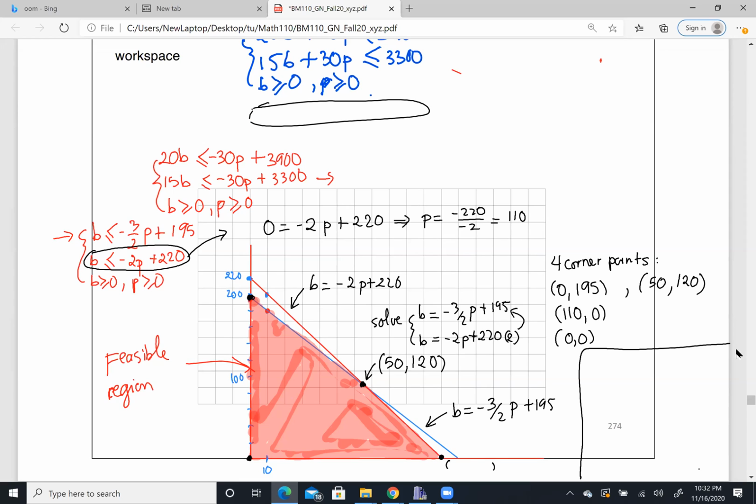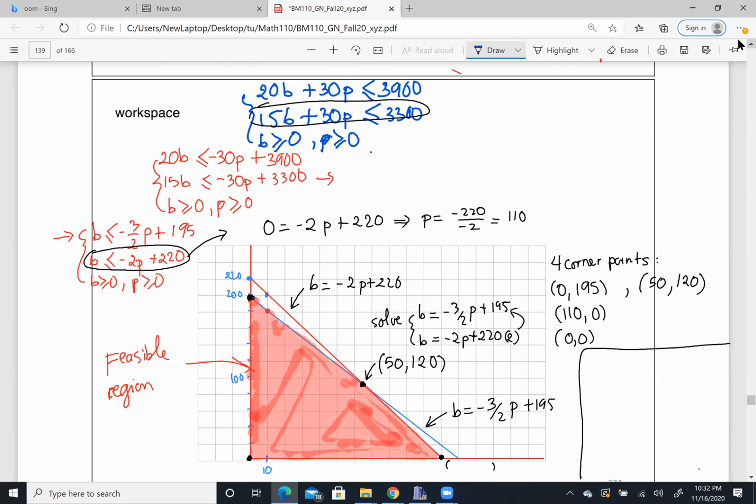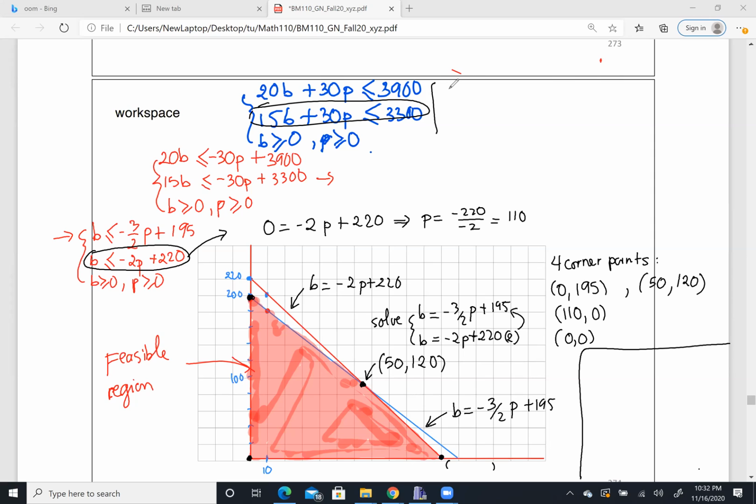So the objective function is 30b plus 40p, right? And we want to maximize this. So p equals this, right?